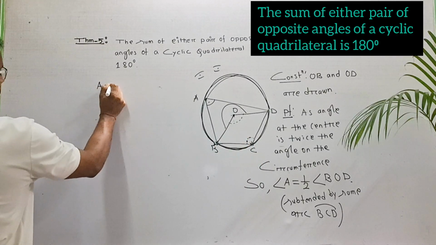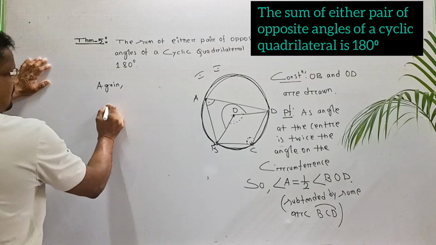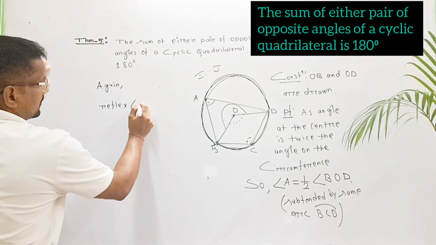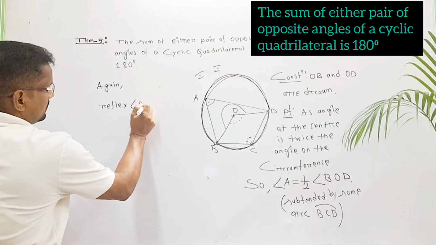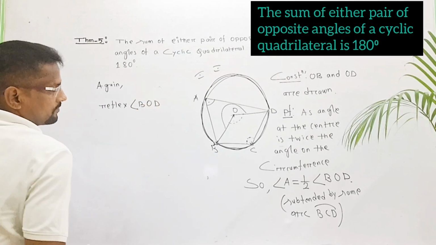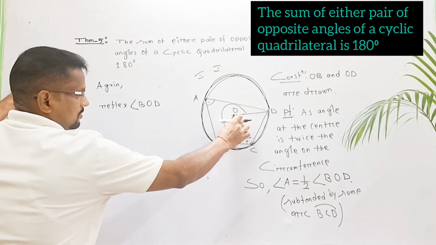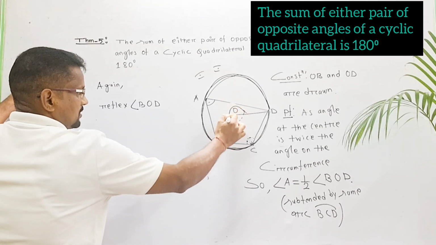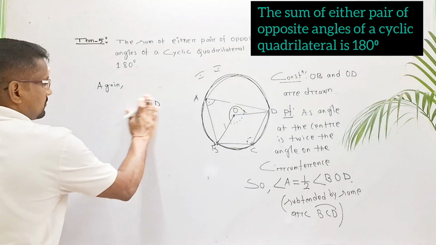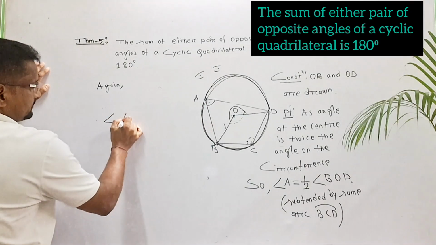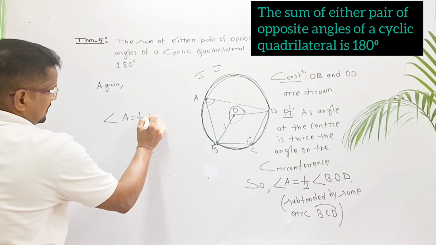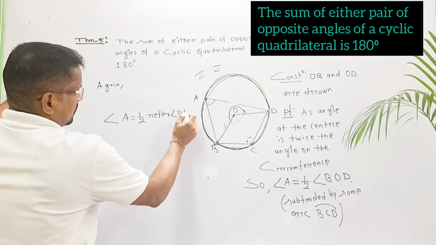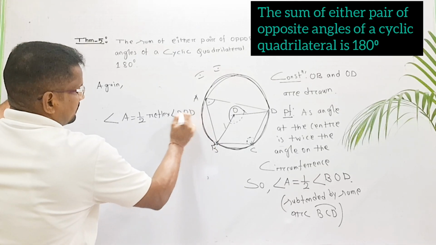Again, reflex angle BOD. So this is your obtuse angle BOD, and this is your reflex angle. We are talking about this angle. So it is better to write this way: angle C is half of reflex angle BOD.